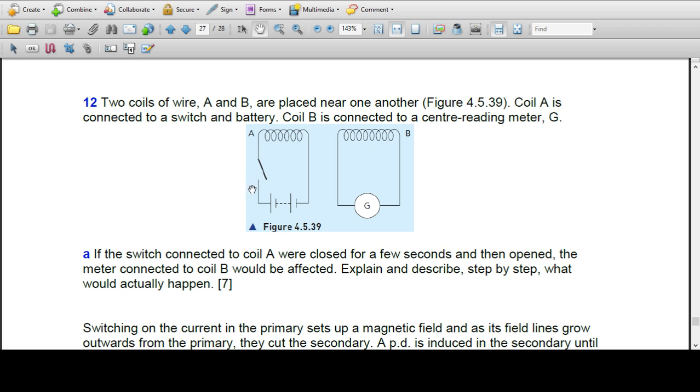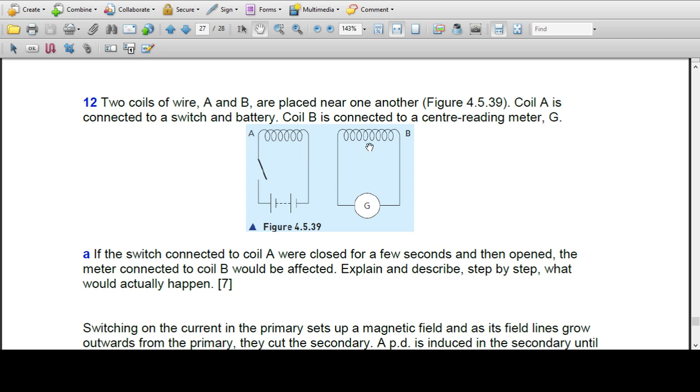When we close this switch, although this is a DC supply, in this switching phenomenon, for a short while, the current will increase, and this number of turns will create a changing magnetic field.